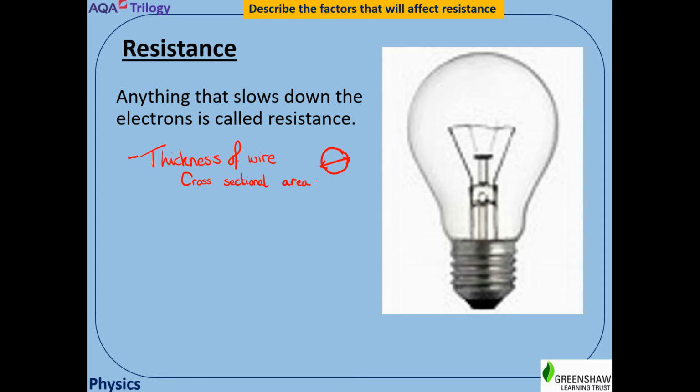Because as you may well know, there is a difference between area and diameter. Remember the area of a circle, pi r squared, whereas diameter is just 2r.